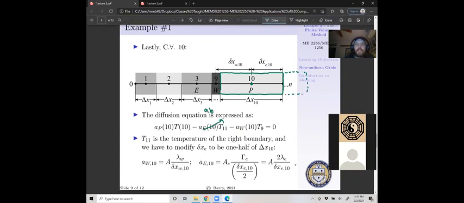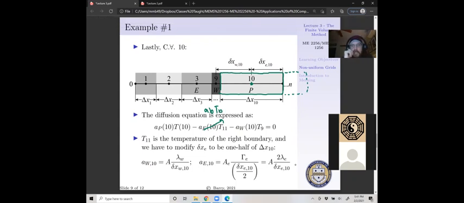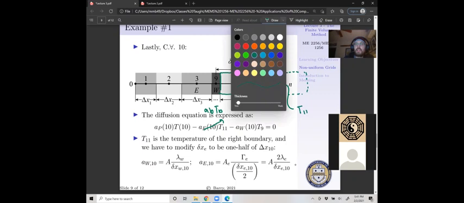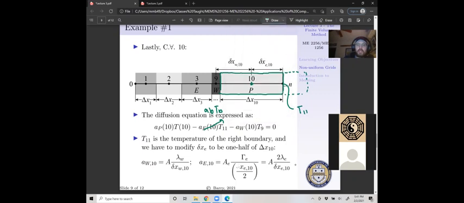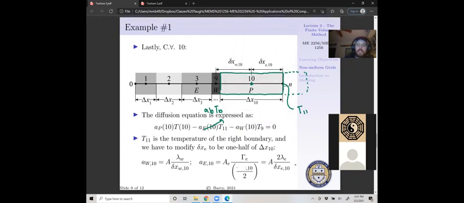This is AB TB. But what we do know is T11 is going to be our second Dirichlet boundary condition, where we have a temperature of 200. And we know how to modify A east. And once again, I copied that over wrong, so I will definitely fix that and push it for you guys.